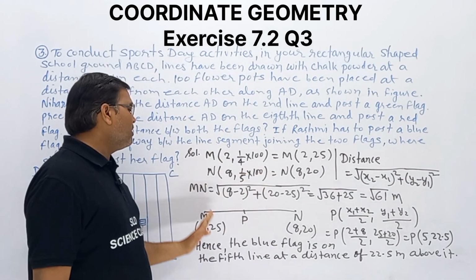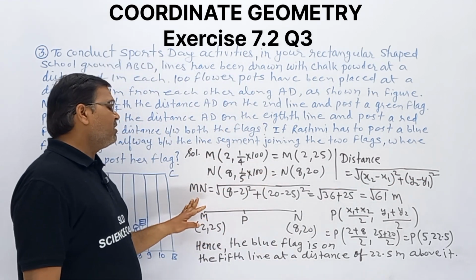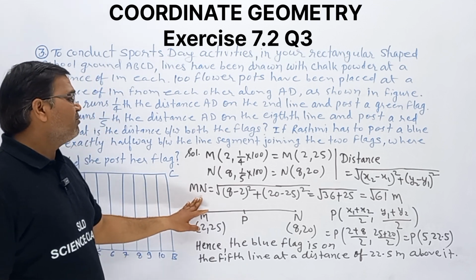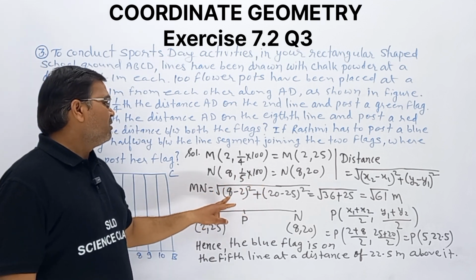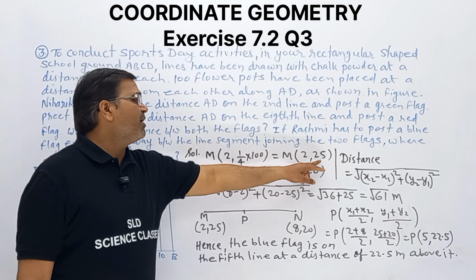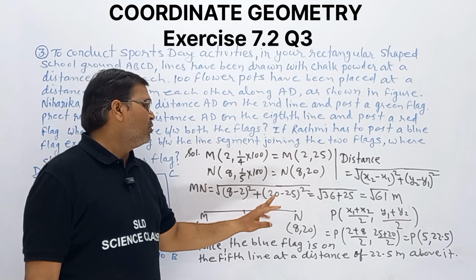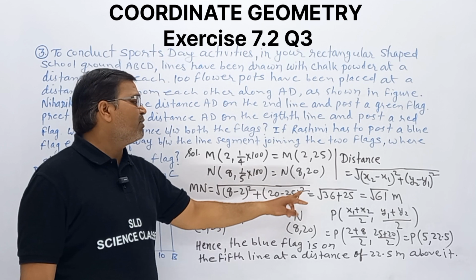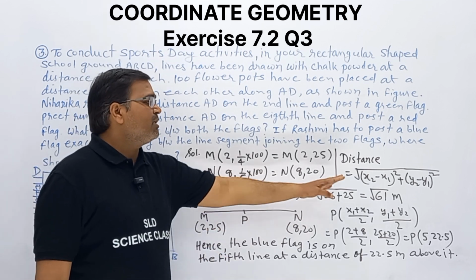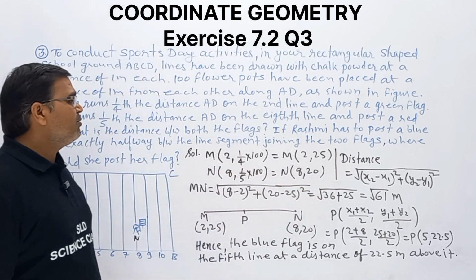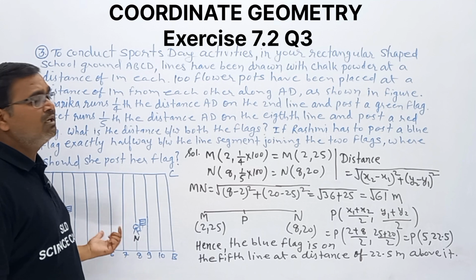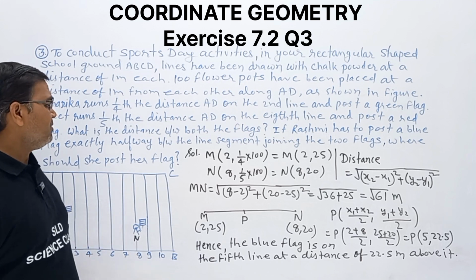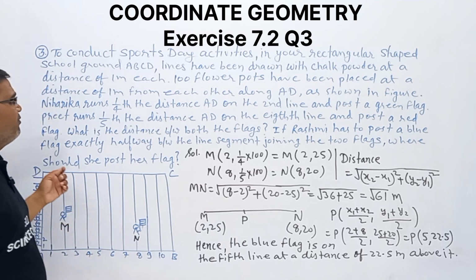By using this formula, MN will be the square root of (x2 minus x1) whole square plus (y2 minus y1) whole square. Solving, we get square root of 61 meters as the distance between both the flags. Clear?